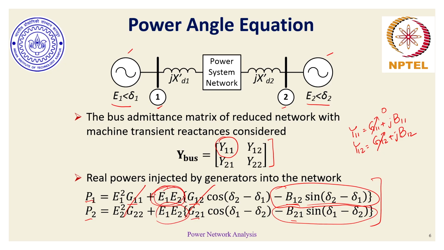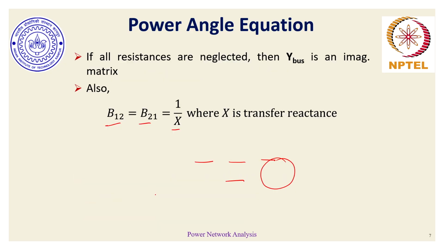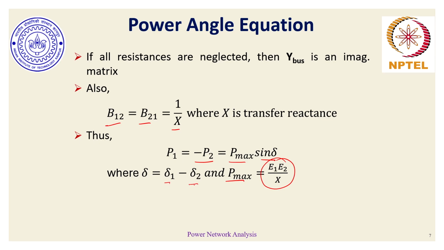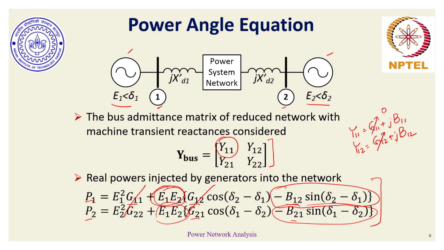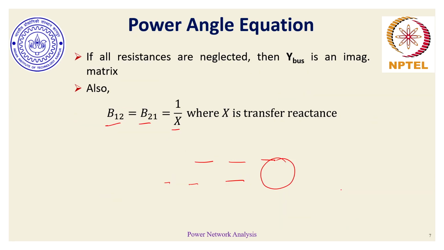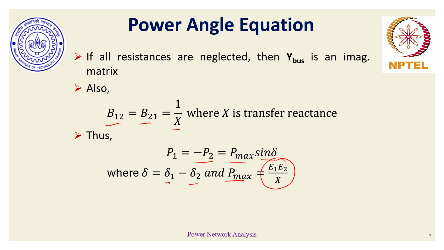So delta becomes delta 1 minus delta 2, and the negative term is incorporated inside, hence delta 2 minus delta 1 is effectively minus delta. So we have P1 as E1 E2 by X sine of delta 1 minus delta 2, which is also equal to minus P2. Please compare this equation with the equations given in slide number 6.